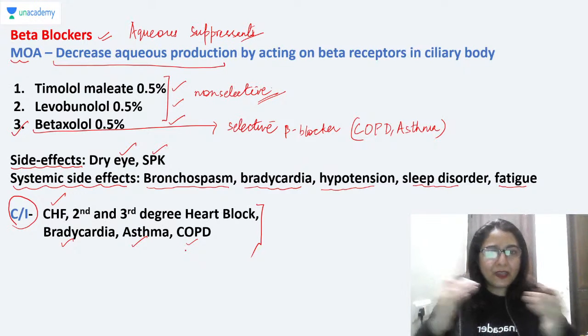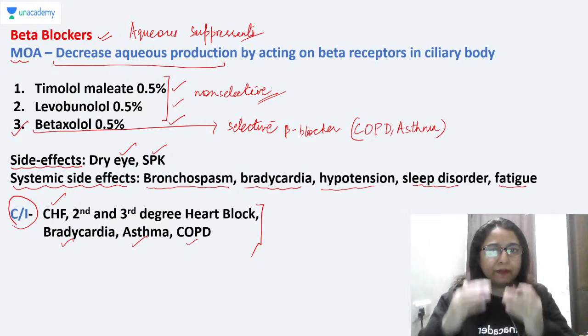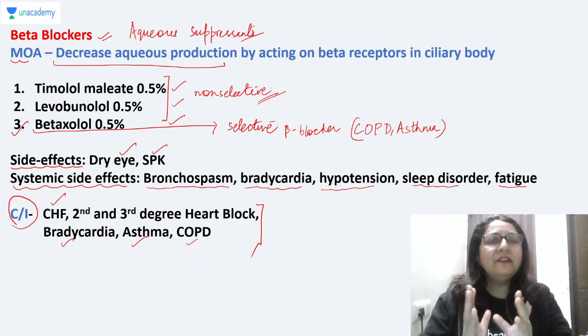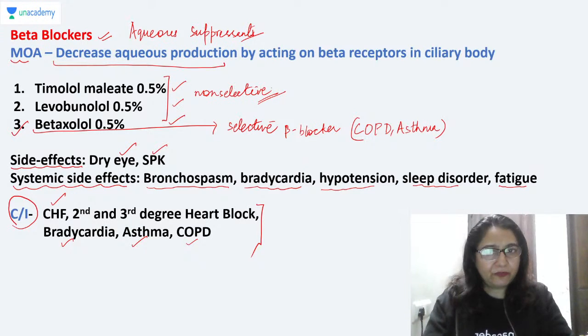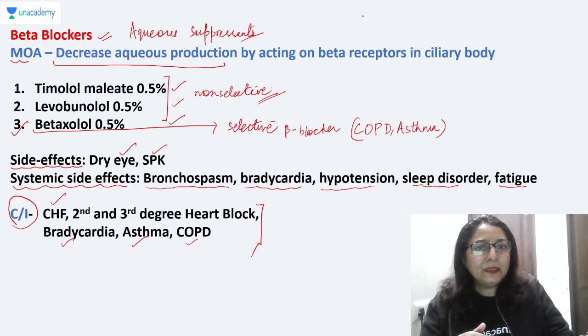Okay, so when we are combining two anti-glaucoma drugs, if there are two drugs which have different mechanisms of action, then their action becomes additive. Okay, so we can combine the prostaglandin analogs with beta blockers also.